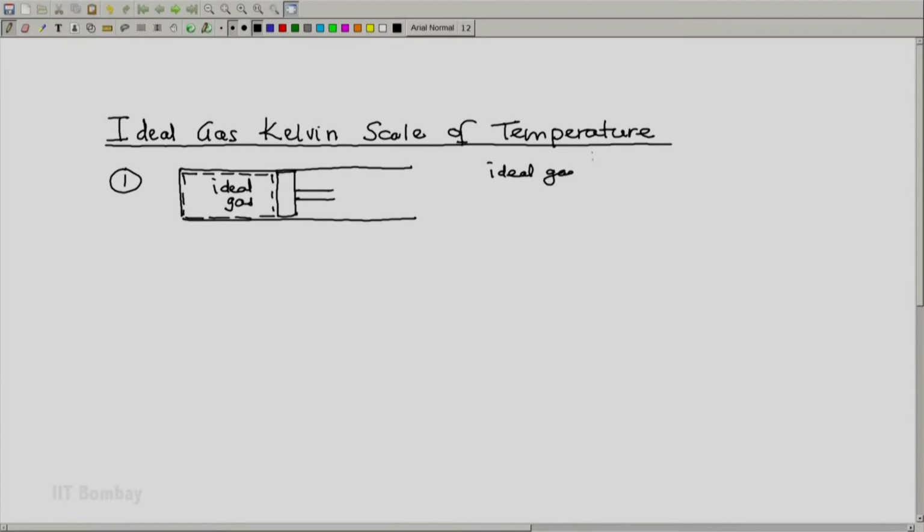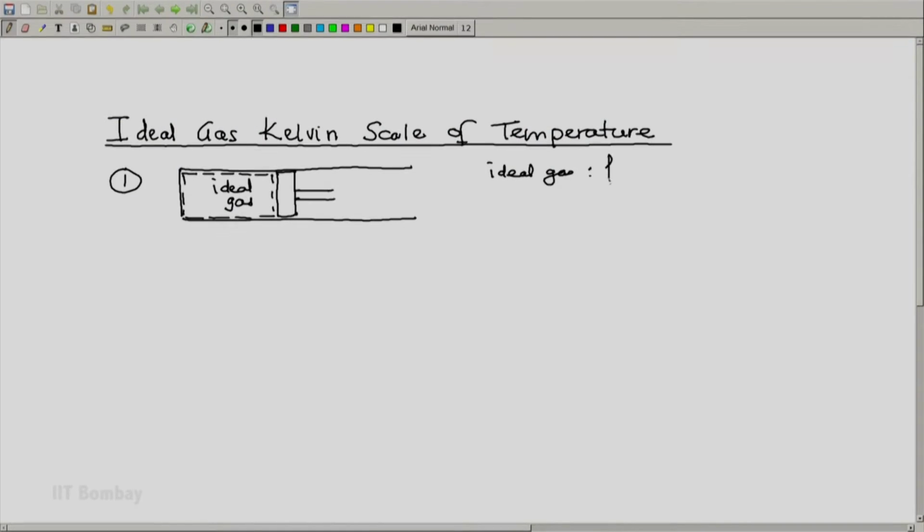We know that an ideal gas is an approximation of a real gas, but a real gas at low pressures behaves like an ideal gas. Helium has been found to be a very good candidate. It has a fixed mass, it is a closed system, and we can measure its pressure and temperature.